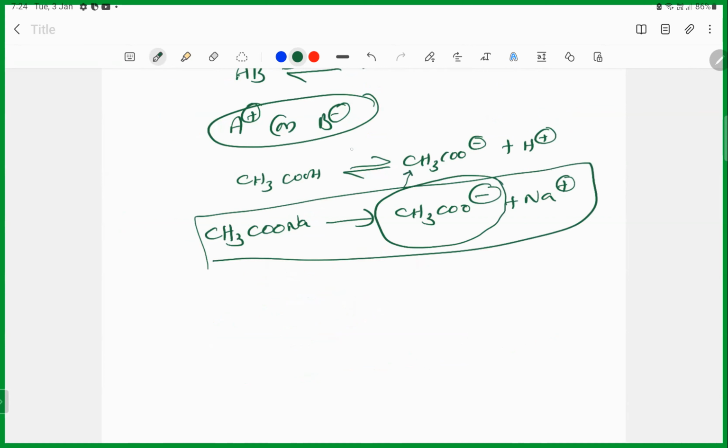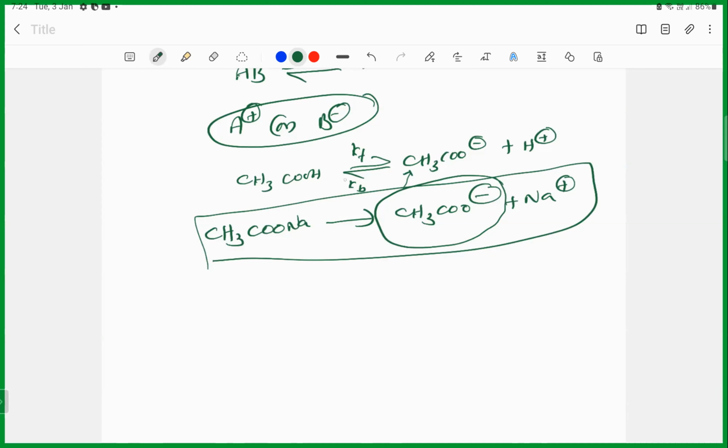You have the forward reaction and the backward reaction. So the equilibrium is disturbed. When you are adding a common ion to a weak electrolyte, which establishes its equilibrium with its own ions, the equilibrium is suppressed.